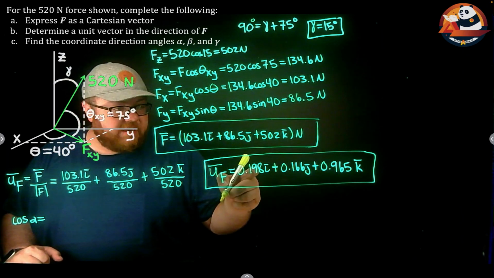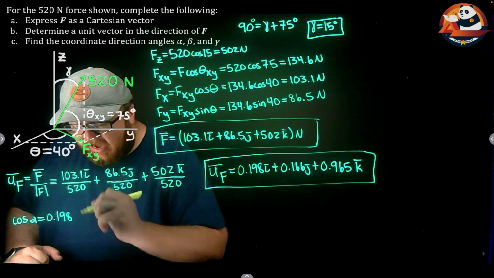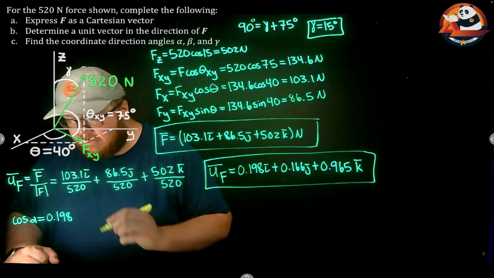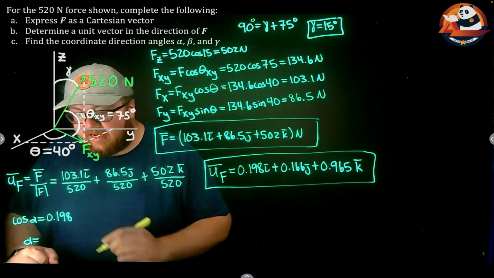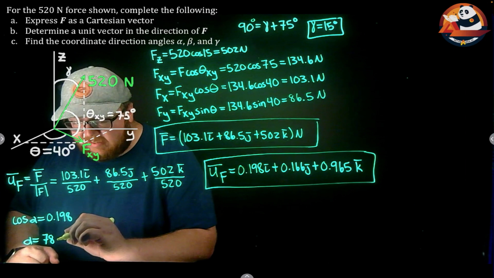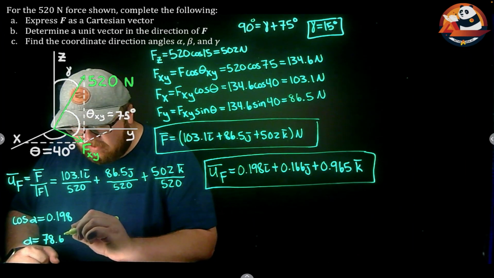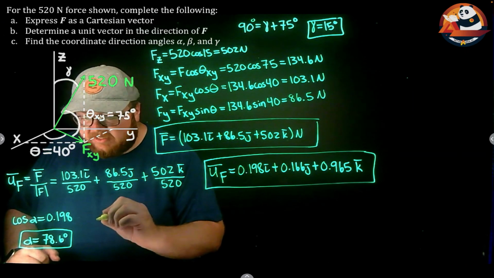Cosine alpha is 0.198, the I component of my unit vector. Solving for alpha, taking the inverse cosine of 0.198, I'll get that it is 78.6 degrees.